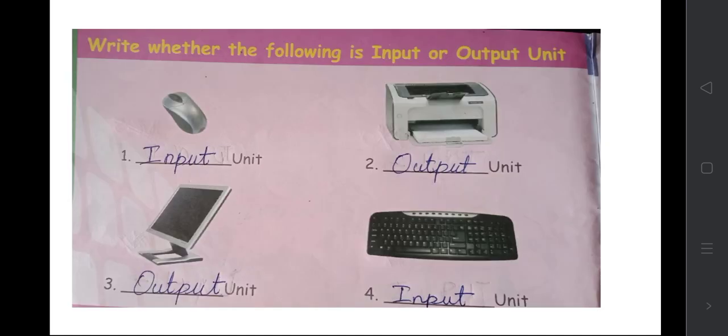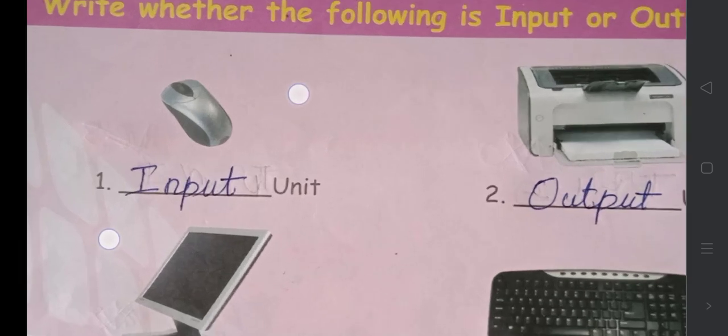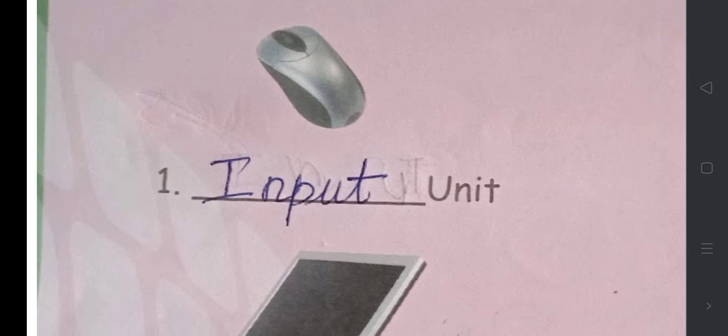Now see here, write whether the following is input or output unit. You will have to find out which is input, which is output. The first one, you can see, is what? Mouse, isn't it?